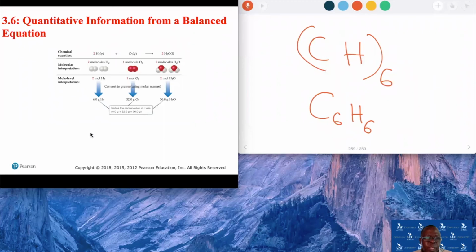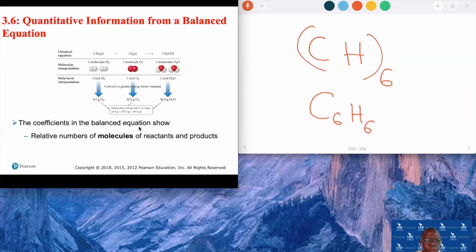We will see this later on when it comes to stoichiometry, mass to mass, moles to moles. That's how we use the coefficient in the balanced equation to show the quantities of the reagents and the product.